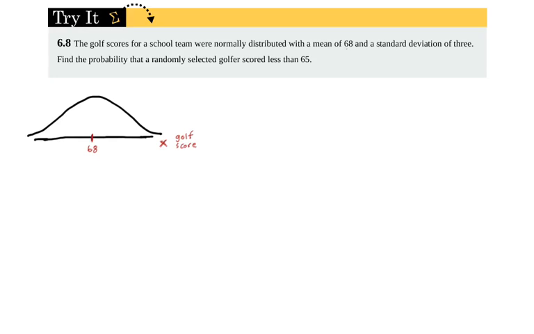So I'm going to call that my X. My standard deviation is 3. And then my mu is going to be 68. And then we're looking for a score of 65, and we want it to be less than that. So less than that 65 there.